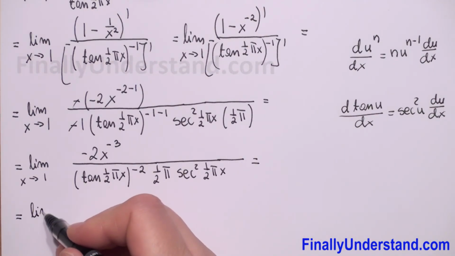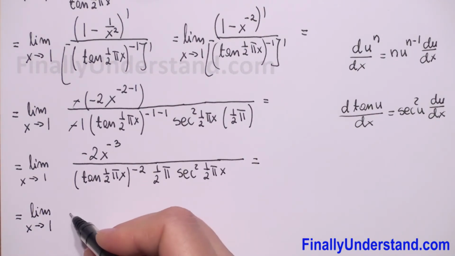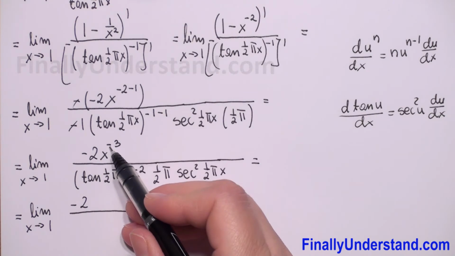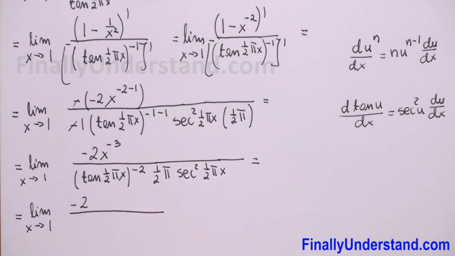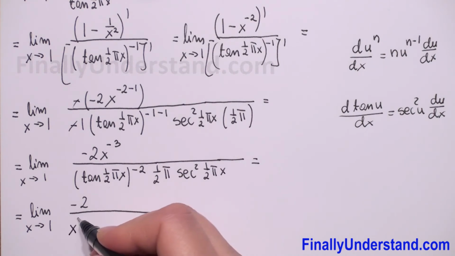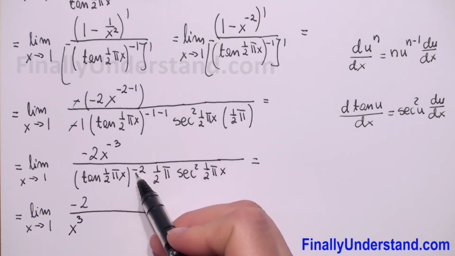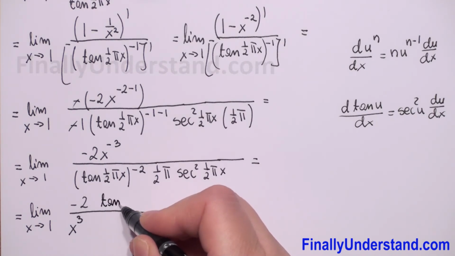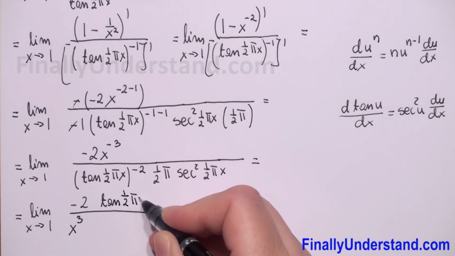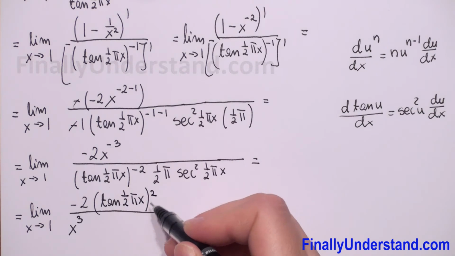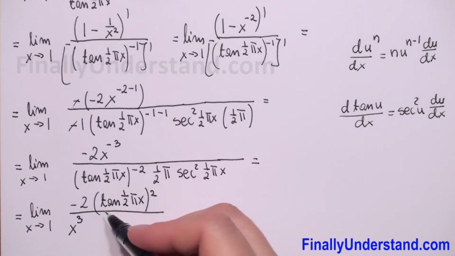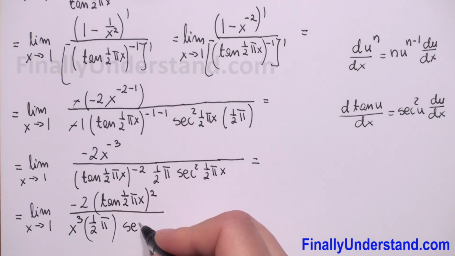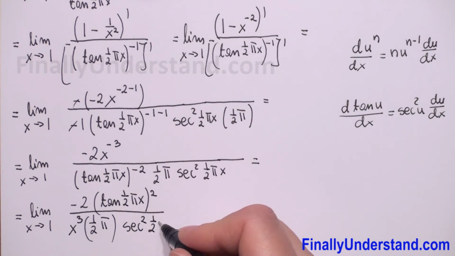Let me copy limit as x approaches 1. And in numerator we will have negative 2. Because we have negative exponent, this x is going to denominator, so we will have x to power third. Next, because we have negative power here, it means we will take this tangent to numerator. So we have tangent 1/2 pi of x square, and we have next times 1/2 pi times secant square of 1/2 pi x.